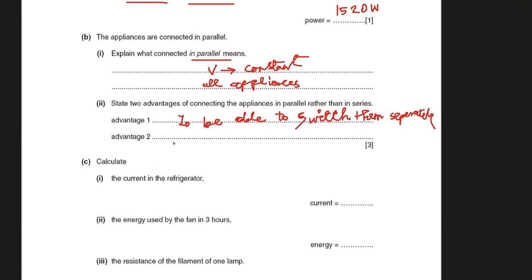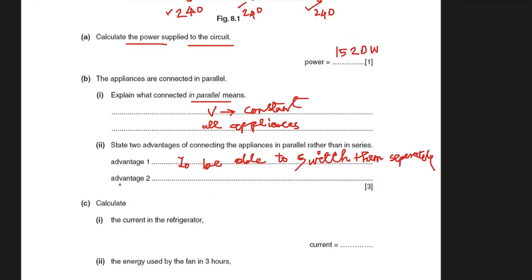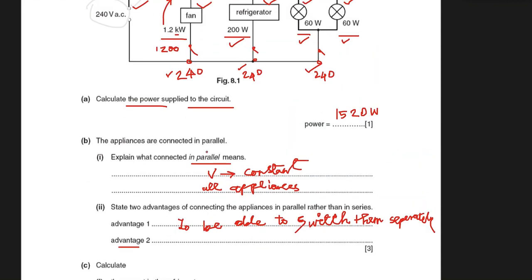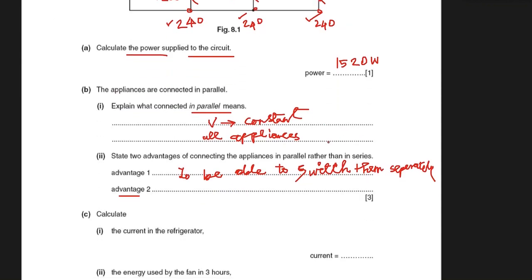Okay, and what could be the other advantage? The other advantage could be that if one of the appliances is broken, suppose this refrigerator has stopped working, then the fan and the bulbs will keep working.